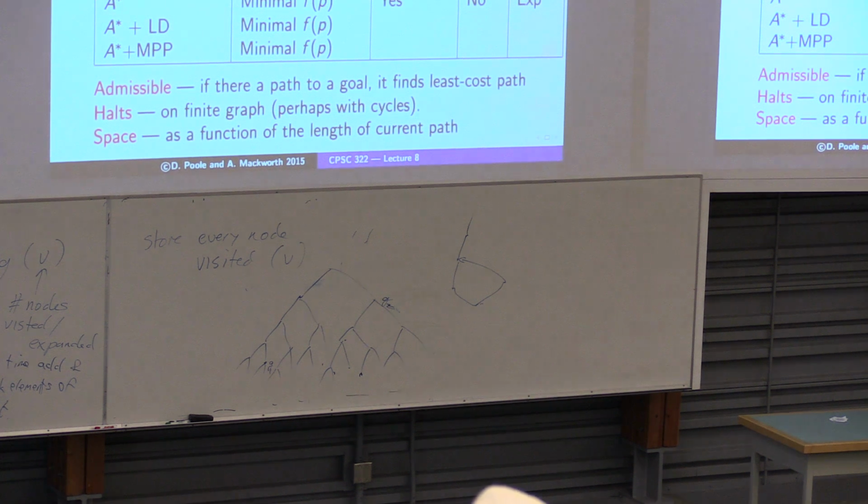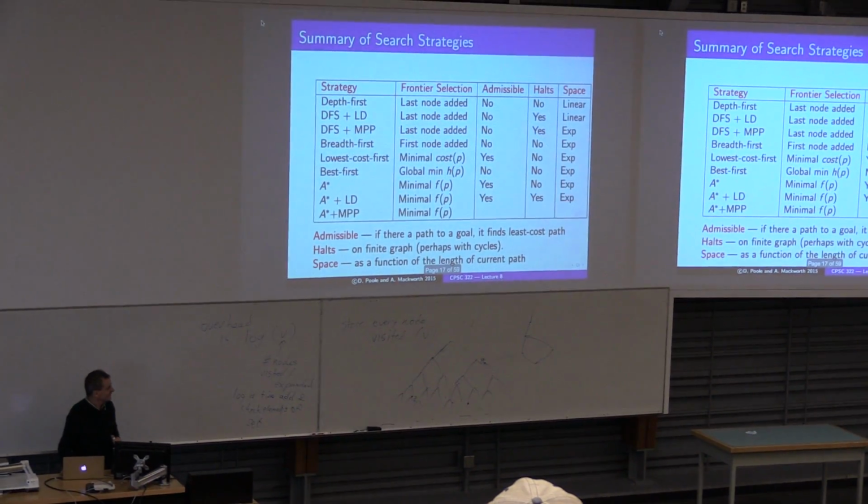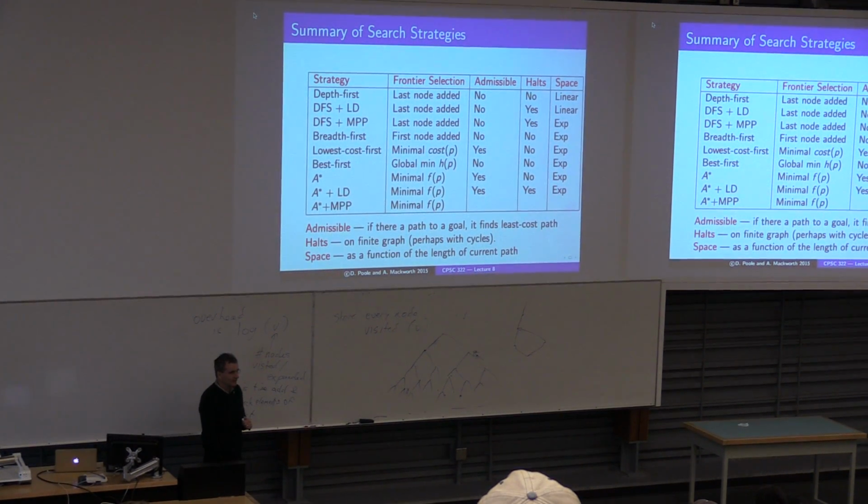What about A star with loop detection? Is it admissible? Does it halt? And it has exponential space. What about A star with multiple path pruning?